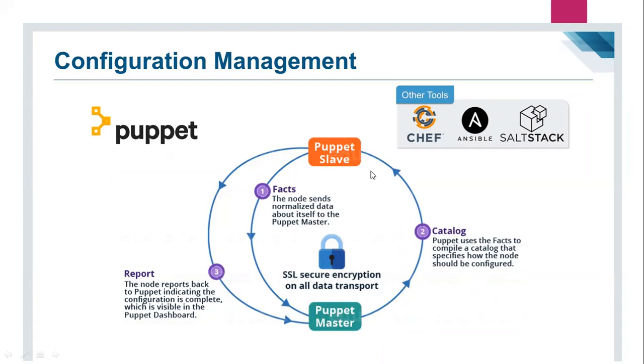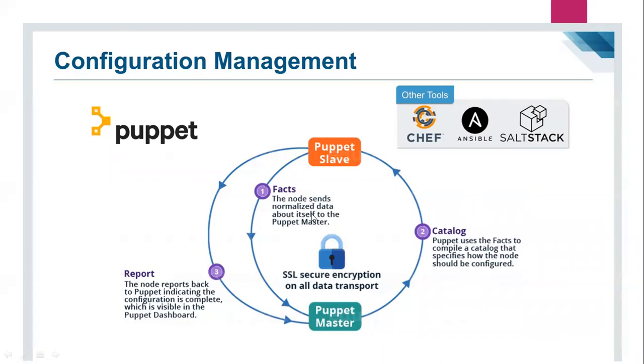A slave or agent will be running, and periodically it will verify the entire domain. In case it finds any deviation from the expectations, it will fix that issue without any intervention. So it's a client-server based architecture, the Puppet.